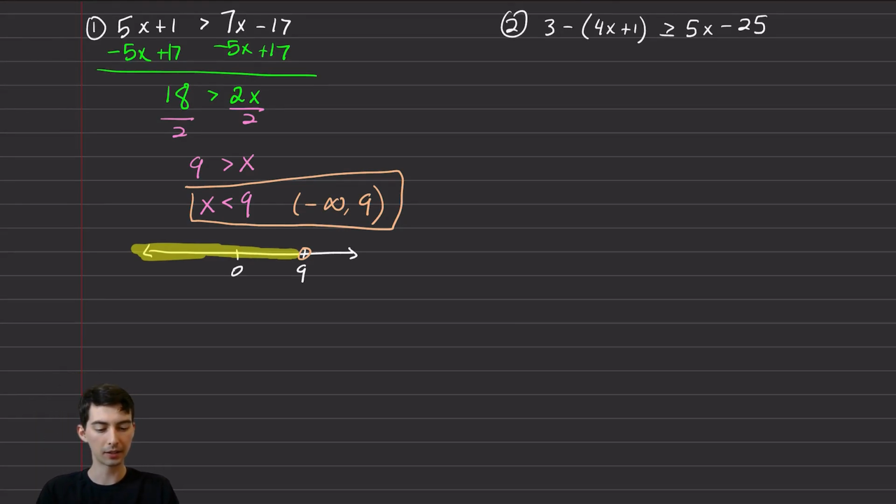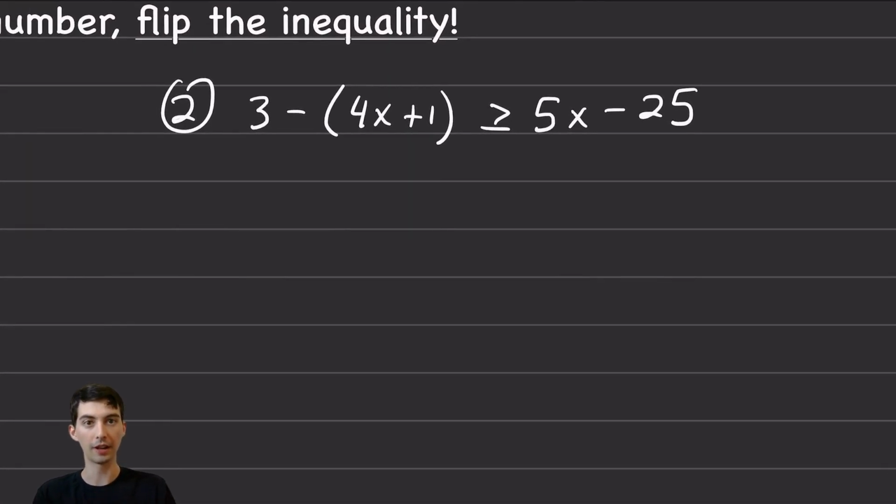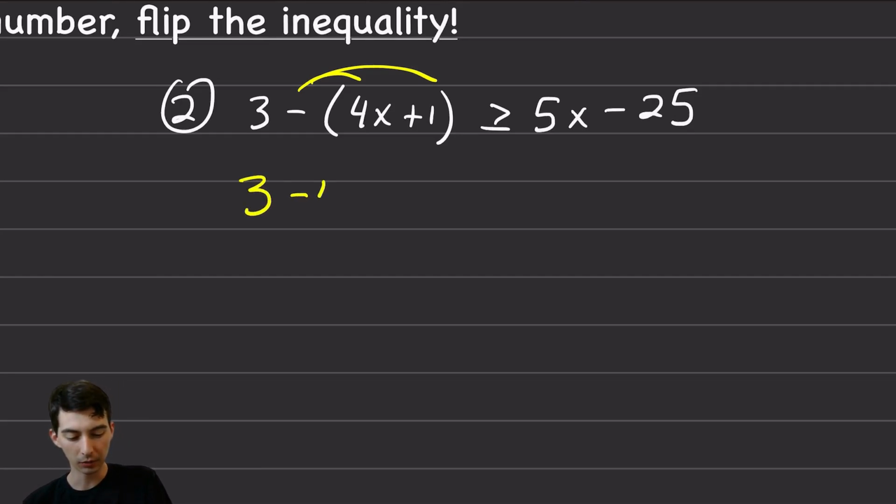So let's go ahead and simplify both expressions that we have. On the left-hand side, I see I have this negative outside of parentheses. So I'm going to distribute that negative 1 to the inside. First, I'll bring down my 3. Now, negative 1 times 4x would give me negative 4x and minus 1.